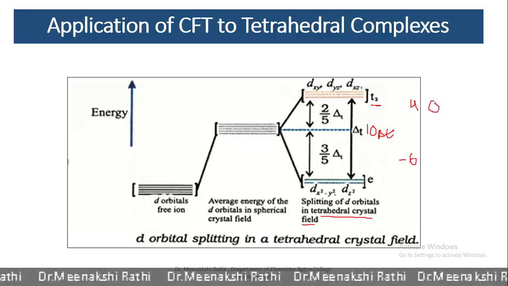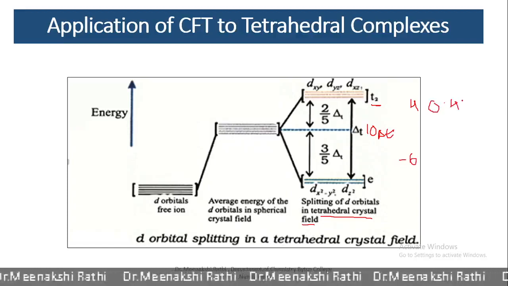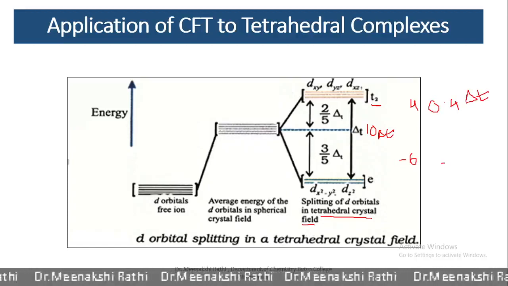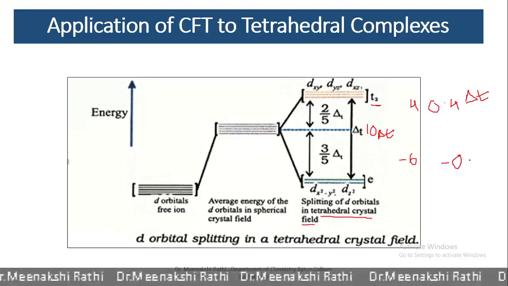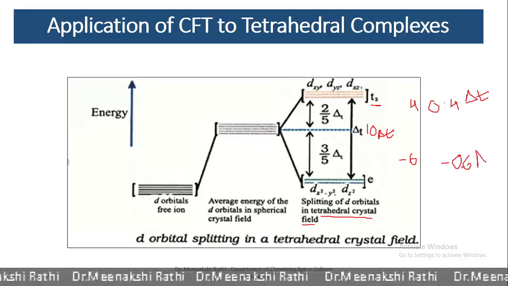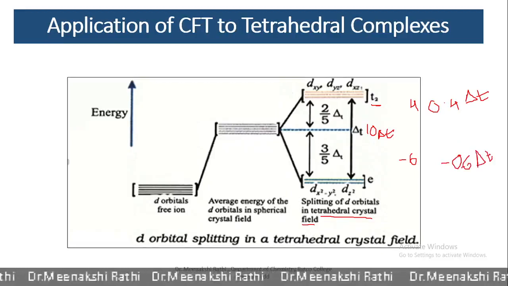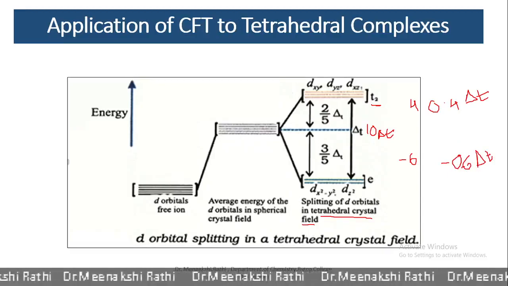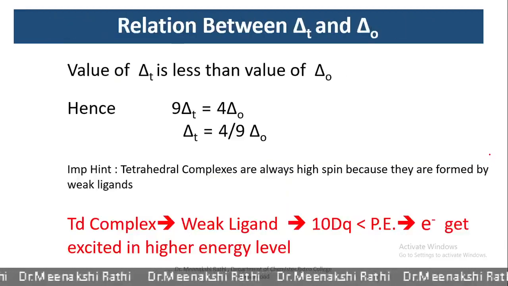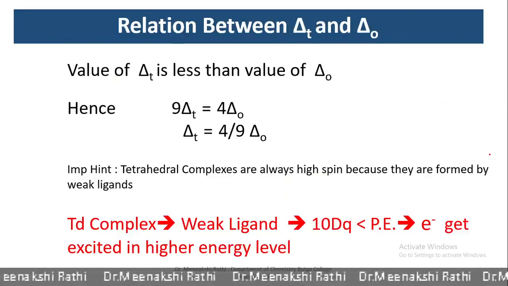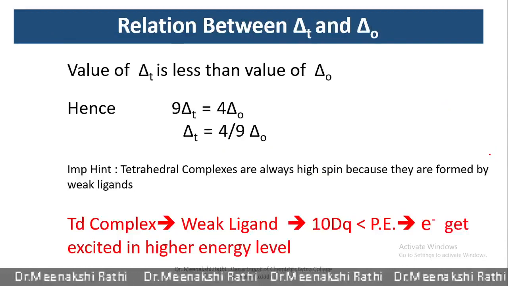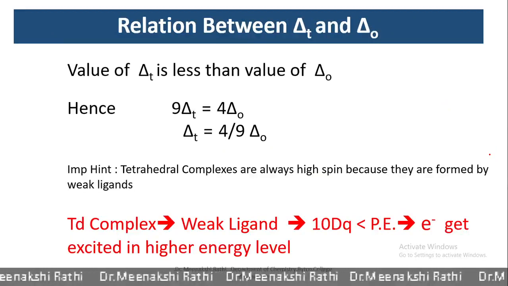Or we can write 0.4 delta t, and here minus 0.6 delta t. The energy is decreased by minus 0.6 delta t. Now, the T2 orbitals and E orbitals, their splitting we just discussed.